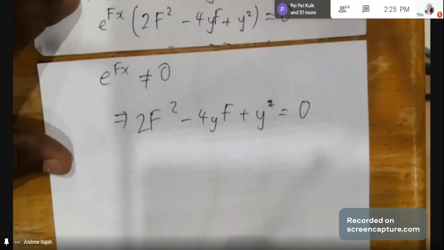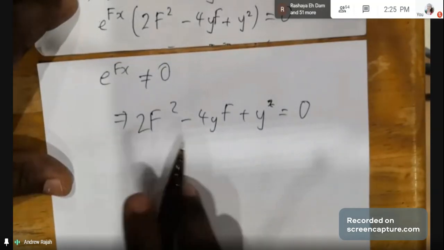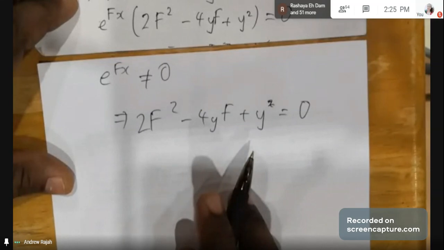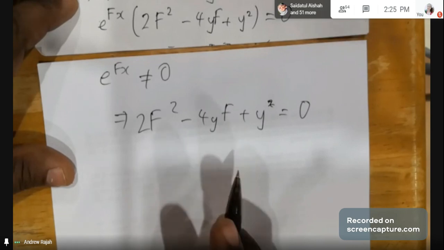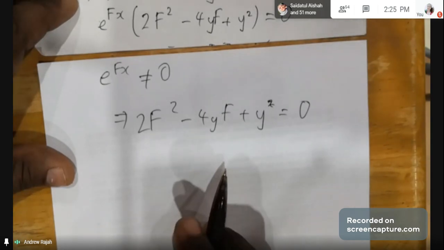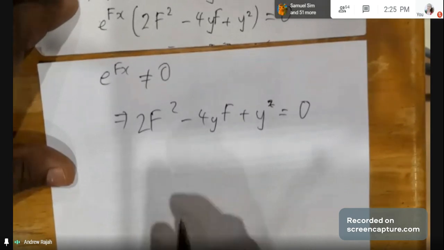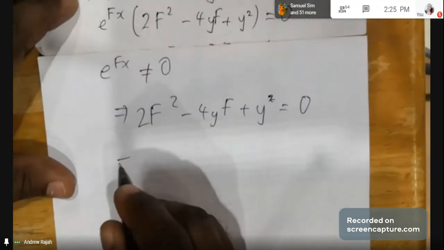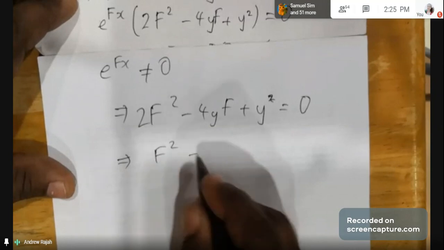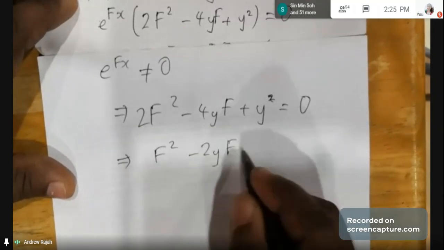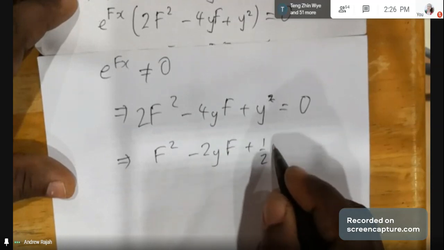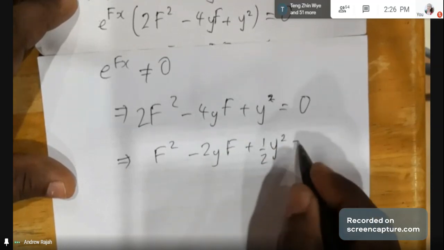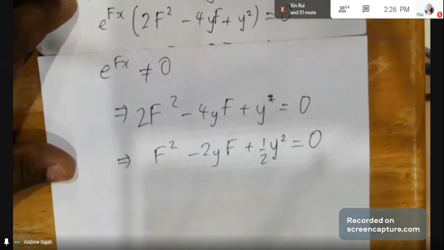You know how to factorize, or you can use completion of squares. So this implies f squared minus 2y f plus half y squared equals 0.